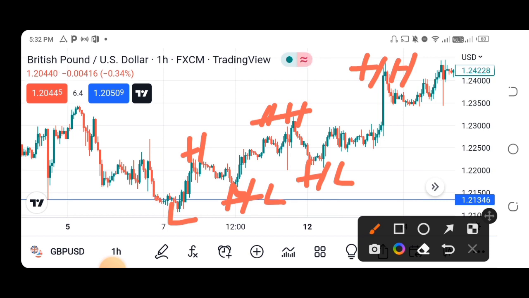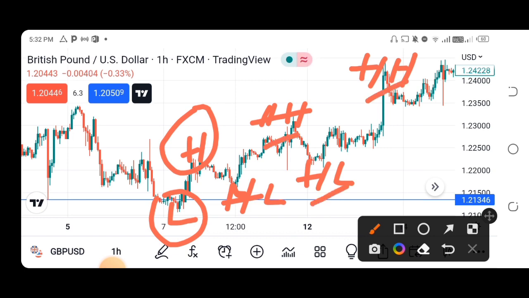But the first low is called low and the first high is called high. The next low created is called higher low. The next high created is called higher high. Just like that, and it keeps on going, right?